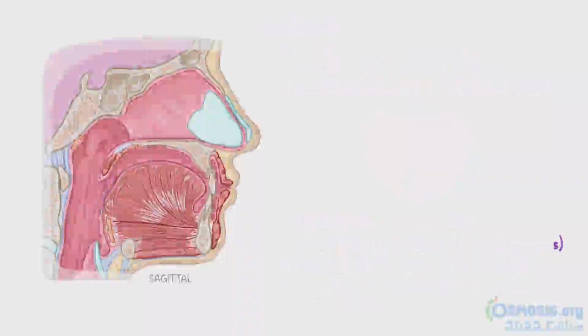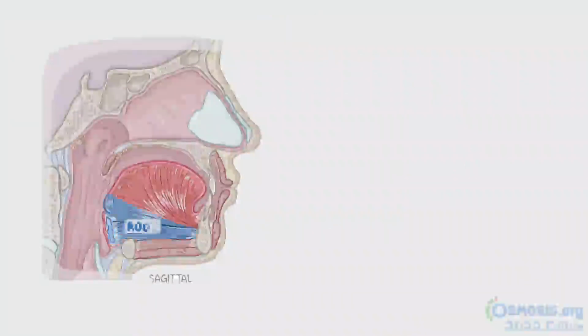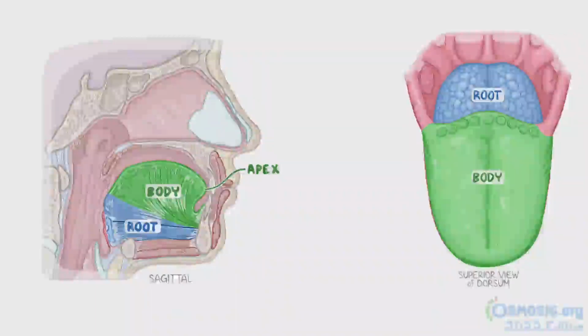Looking at things in more detail, the tongue takes up much more space in the mouth than you might realize. It consists of a root, a body, and an apex, with the last two being highly mobile. The root of the tongue is posterior and slightly vertical, forming the posterior 1/3 of the tongue.